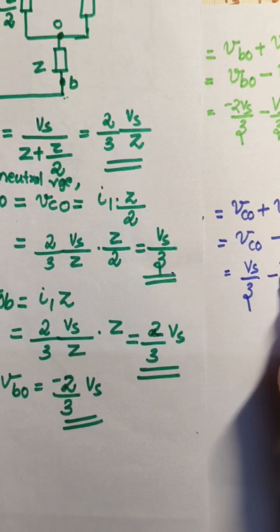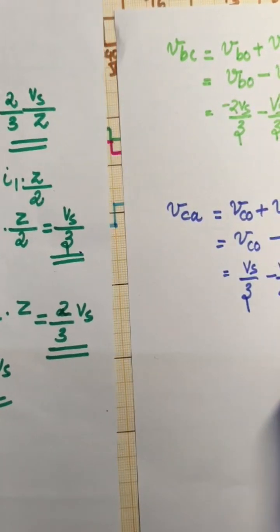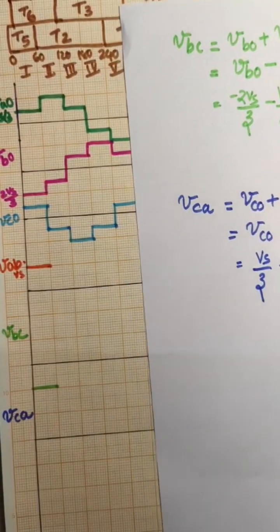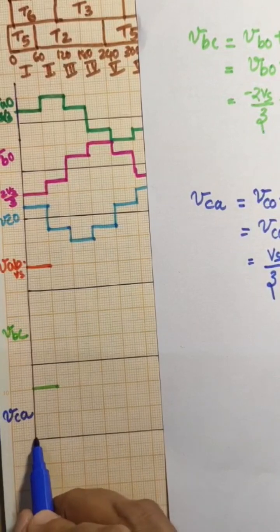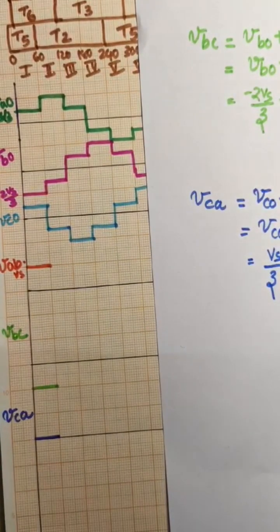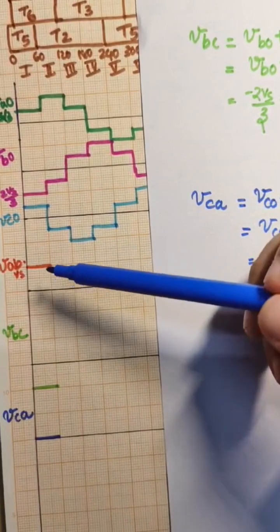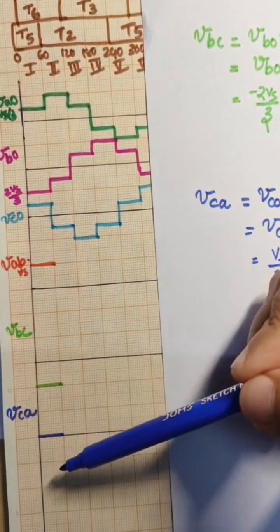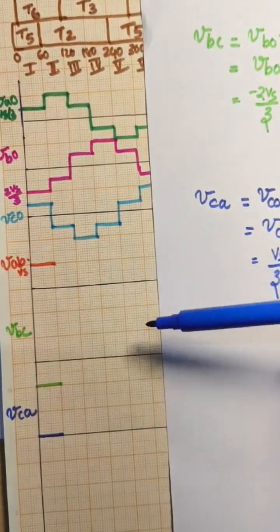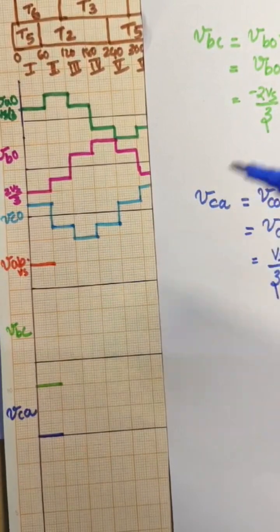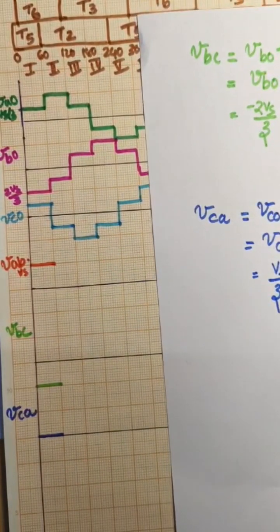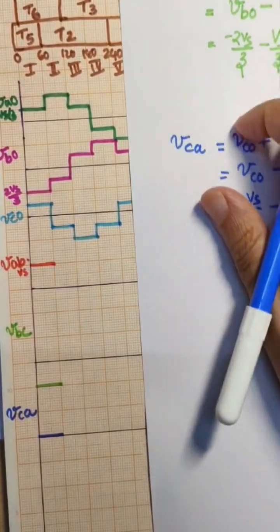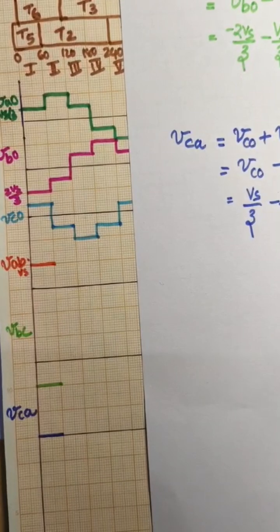So Vs by 3 minus Vs by 3. So VCA value is equal to 0. So we need to draw here in the graph VCA equal to 0. So we drew the step 1 voltages of the line to line voltages. Similarly, we need to do it for step 2, step 3, etc. So again, next one, step 2. For step 2, the value of VAB voltage.